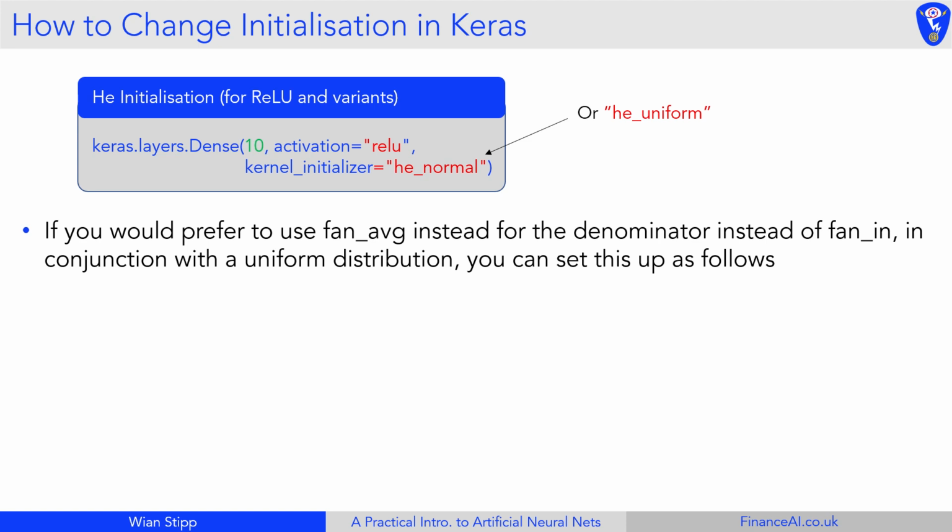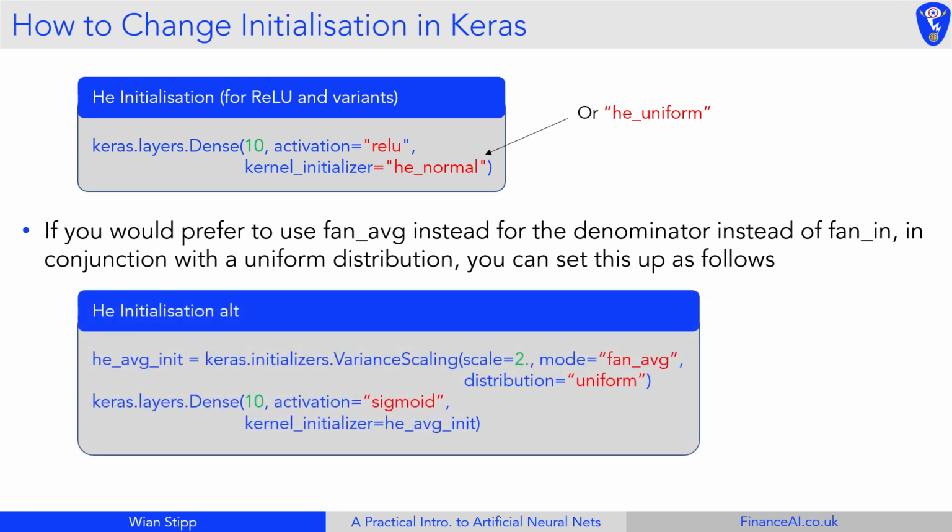If you would prefer to use fan average instead of fan in for the denominator, you can also change this if you want to use it in conjunction with the uniform distribution, like this, where you first specify the variable and then you add it into the dense layer, so it looks nicer basically.